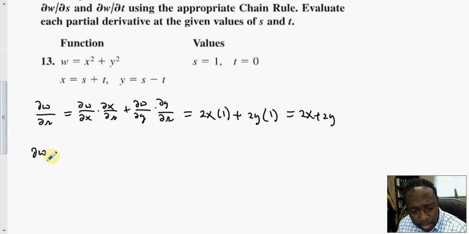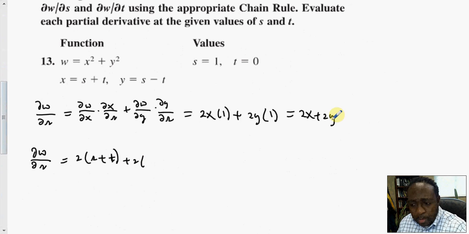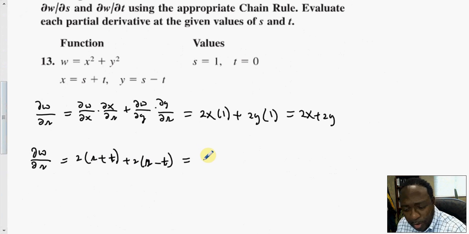So dw over ds is equal to 2 times s plus t plus 2 times y, and that's s minus t. So that gives us 2s plus 2t plus 2s minus 2t. So that just gives us 4s. And if s is 1, then we just get 4.